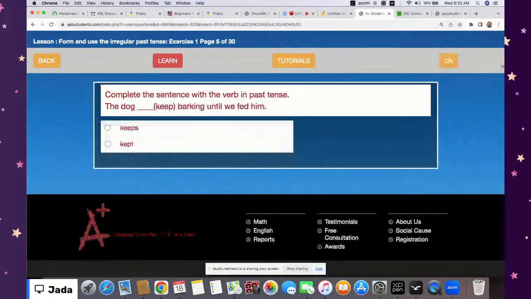Okay, for this one, is it keeps or kept? Keep, keeps or kept?